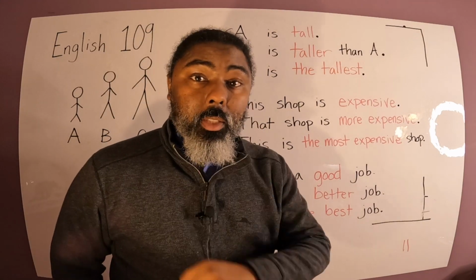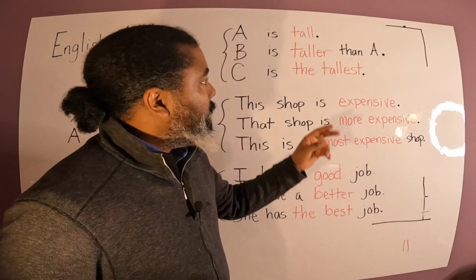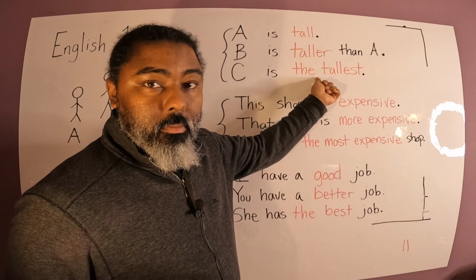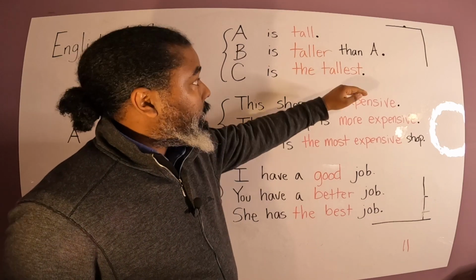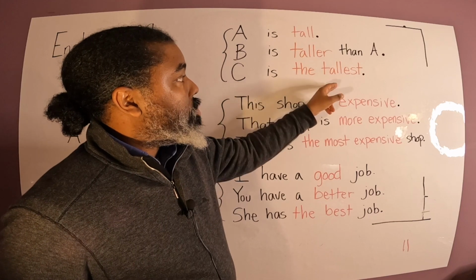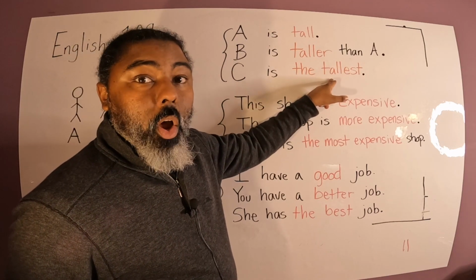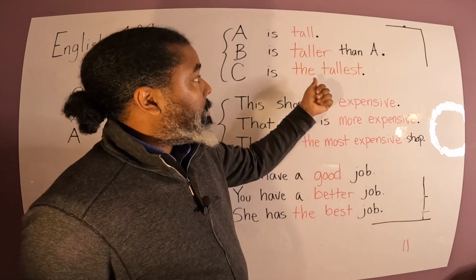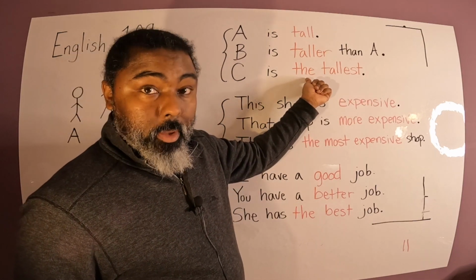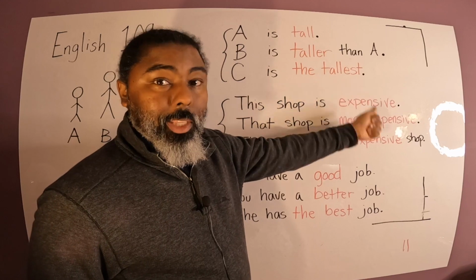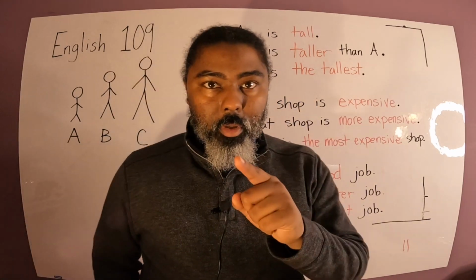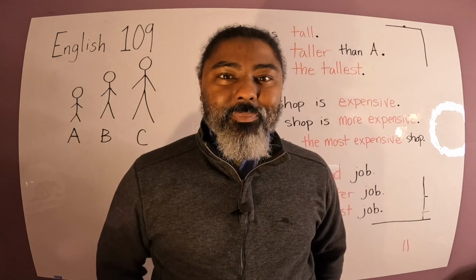The superlative, well, you have to write the before it. Now you take the base root adjective, tall, and yes, you add EST, but before it you write the tallest. Whew. That's a lot to remember, but you can do it.